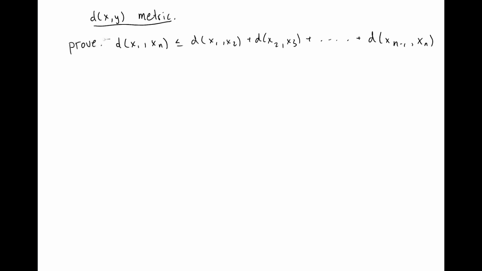Just using this, we want to show that this inequality is true: d(x1,xn) is less than or equal to d(x1,x2) plus d(x2,x3) plus and so on, plus d(xn-1,xn). We want to prove this, right?